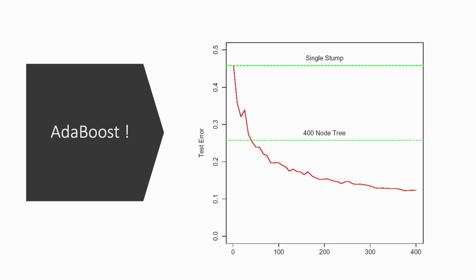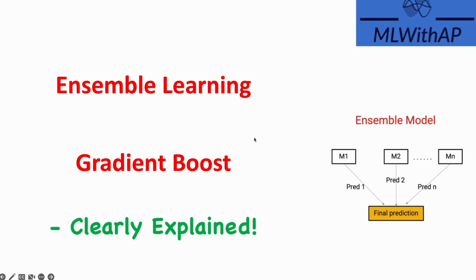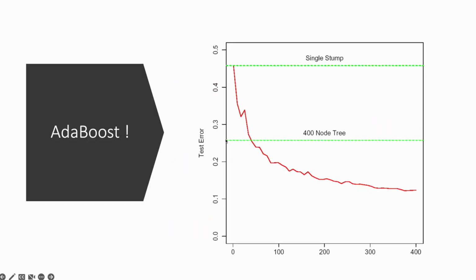Depth is 1. Suppose I build a decision tree with 400 nodes, what will be my test error? The test error, and this is based on some sample data, sorry, will be over here, right? It has come down to 0.25 or something. From a single stump as weak learner, if I do a single decision tree of 400 nodes, it is coming over here.